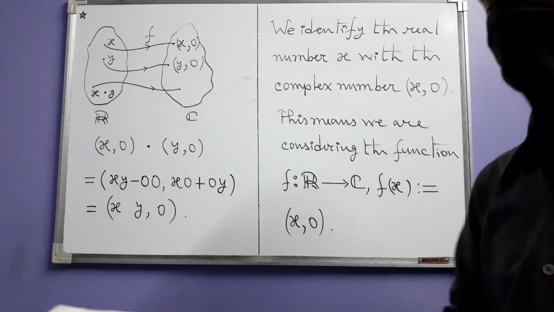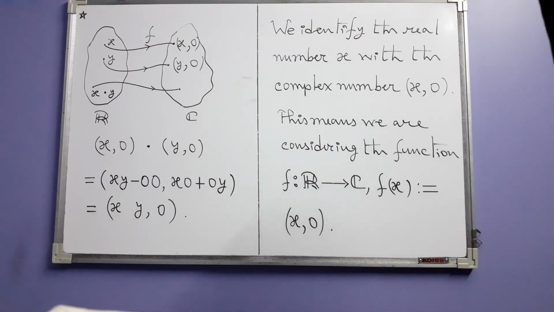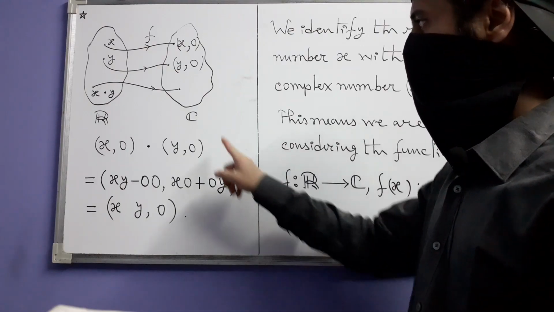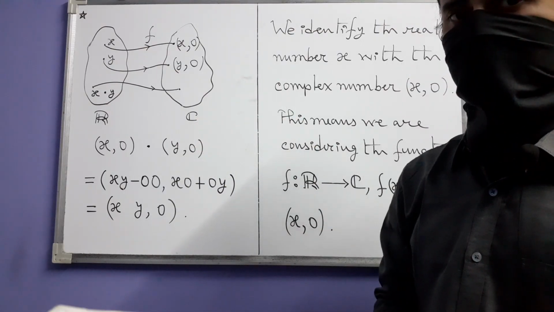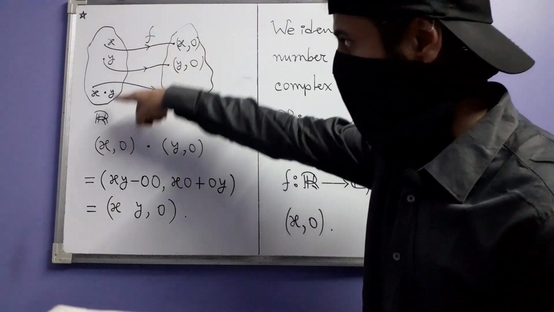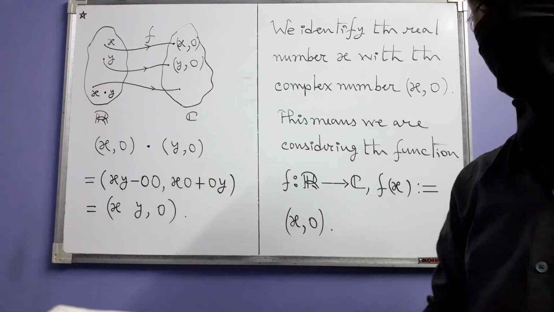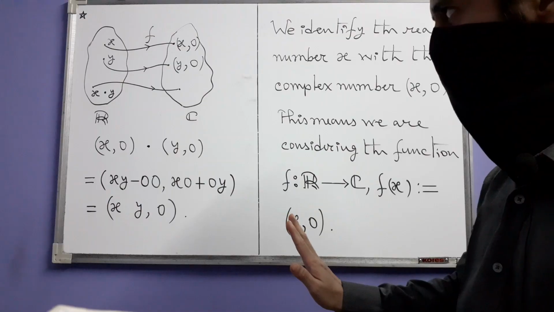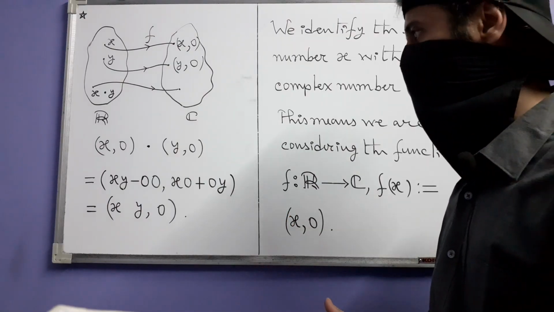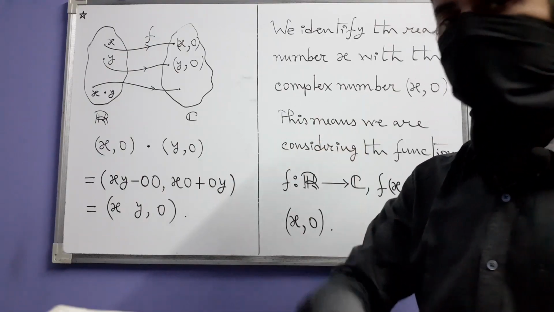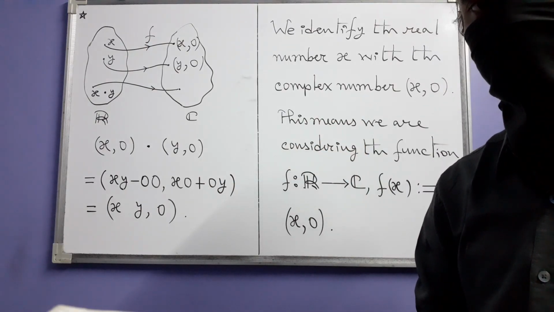What does this all mean? It means that you have found a part of C which behaves exactly like R. It's only a small part of C, but still it's a part of C which behaves exactly like R. In what sense? In the sense of applying these two operations.